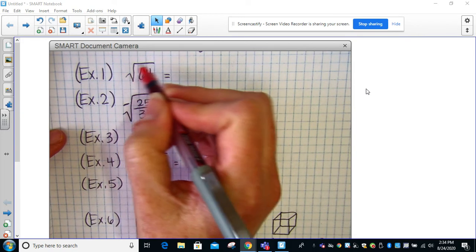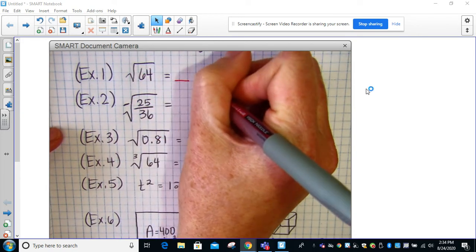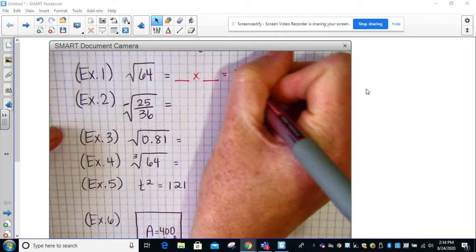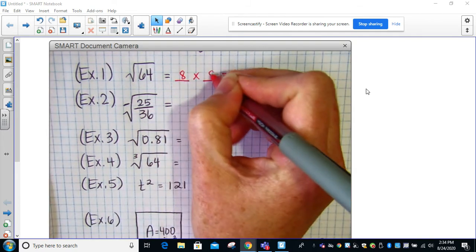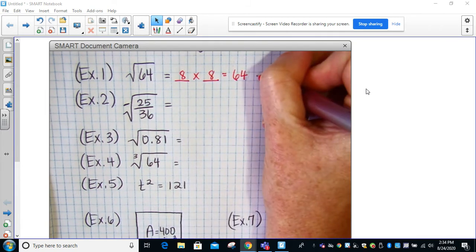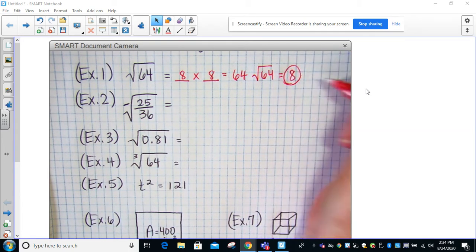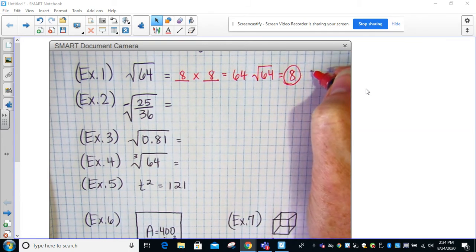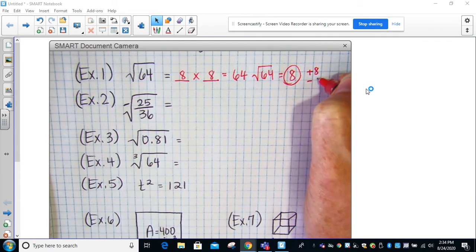First of all, there is no number here, so this is considered a square root. So you're trying to ask yourself what number times itself gives you 64. And obviously that is 8. 8 times 8 equals 64. So the square root of 64 equals 8. Now sometimes different texts or tests or different resources will ask for the positive and the negative.